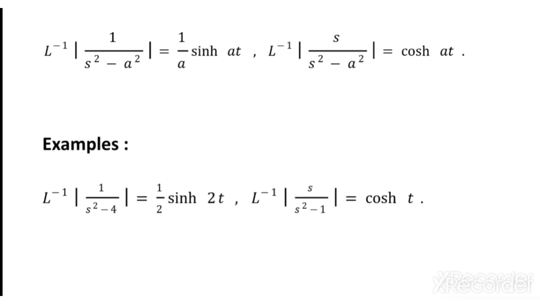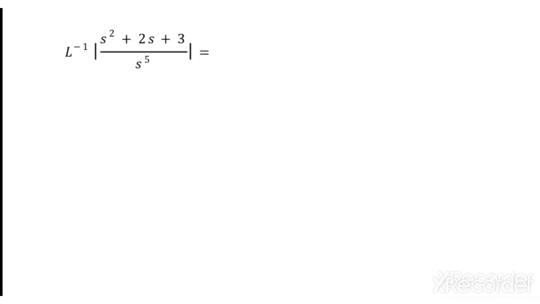Similarly, examples, if we take 1 over s square minus 4, easily we can get the L inverse of that, just having the results in hand: 1 by 2 sine hyperbolic 2t. s by s square minus 1, identify a, that is a is 1, that's why cos hyperbolic t. So let us use these results and get L inverse of given expression f of s.